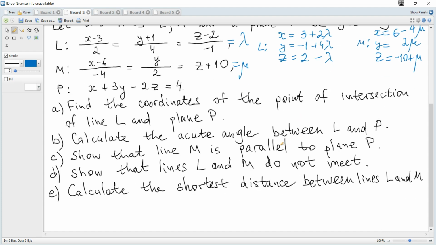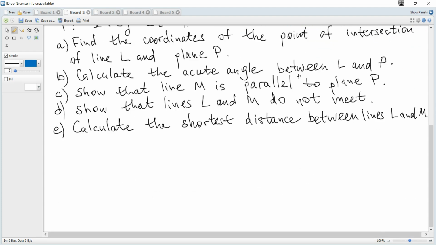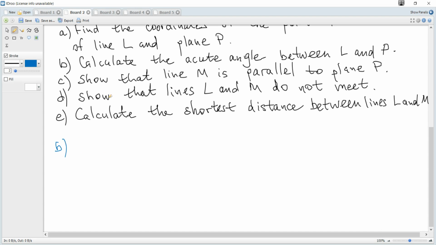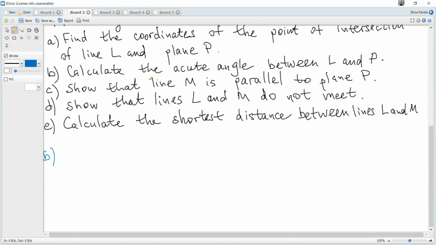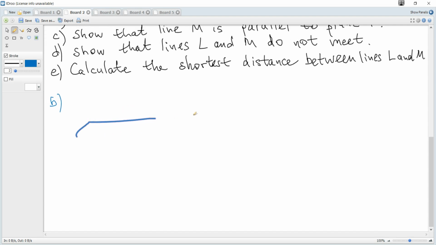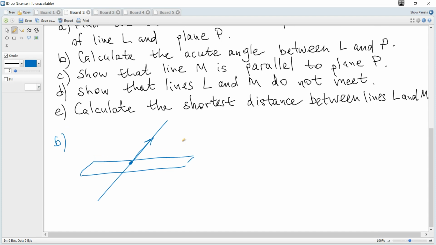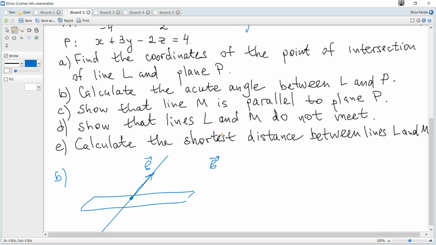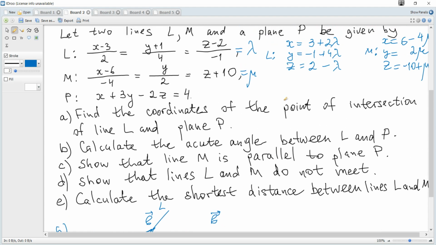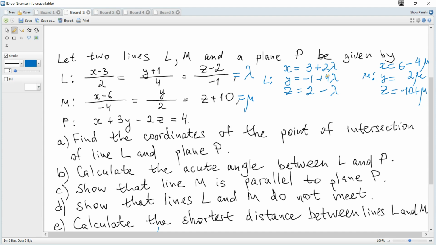The next, calculate the acute angle between L and the plane. So this situation looks like this. There is a plane and the line, and we know that a line has a direction vector. The direction vector of L is 2, 4, -1, and in general we can take any multiple of this.